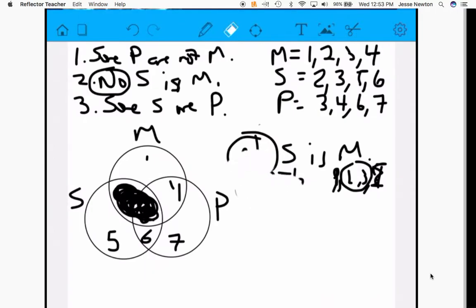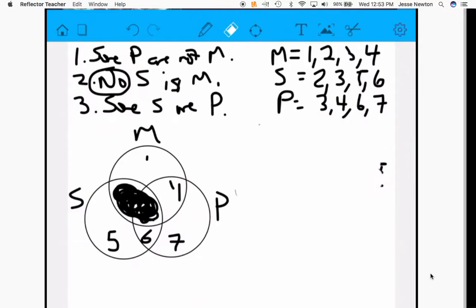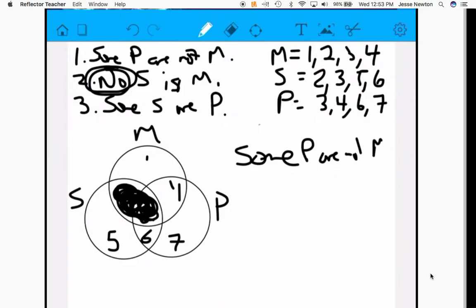Now we come to diagramming the major premise. And again, the reason we started with the minor premise is because it had the universal quantifier. So we're going to move on. Some P are not M. Notice the are not. P is 3, 4, 6, and 7. And M is 1, 2, 3, and 4.